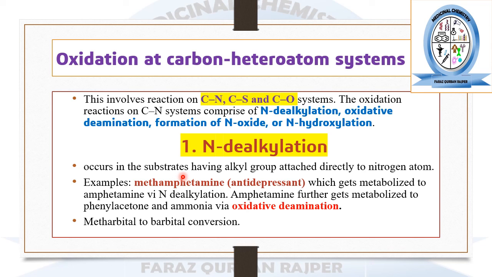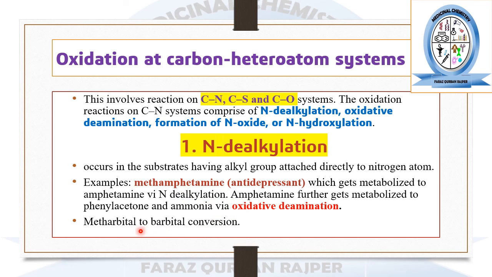After phase 1 oxidation, this methyl is removed. So this is the dealkylation reaction. Amphetamine will then further get metabolized to phenylacetone and ammonia via oxidative deamination. This is another type of oxidation reaction that occurs after the dealkylation of methamphetamine.